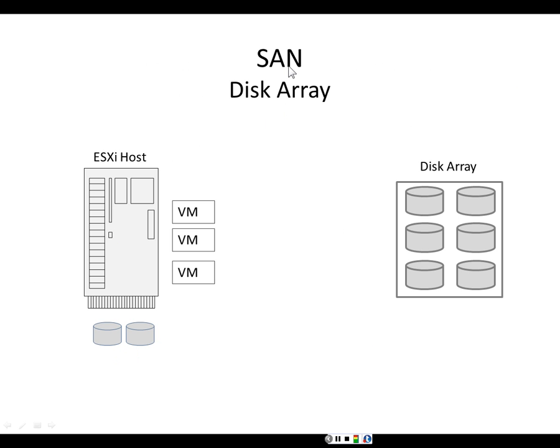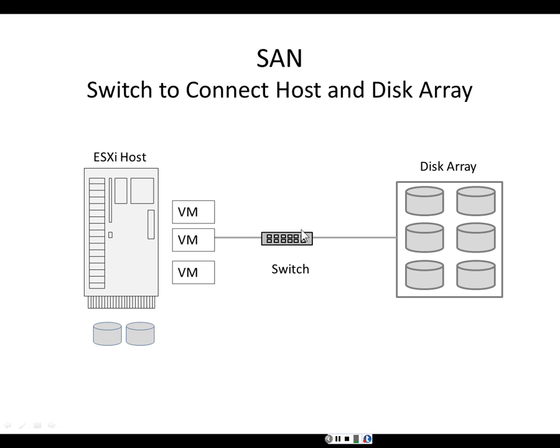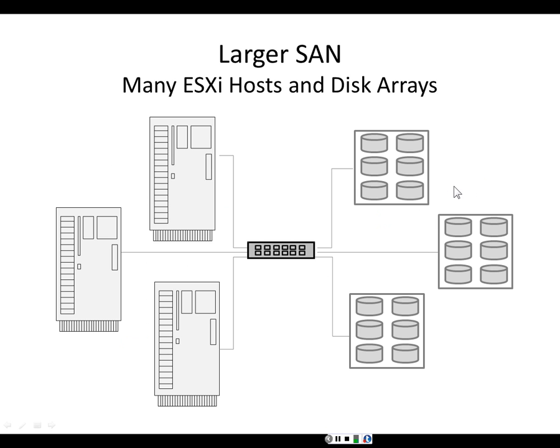But with a storage area network, you have an external disk array, which is sometimes just called a box of disks, and it is connected to the ESXi host using a switch. And then the virtual machines can save data to the disks in the disk array. Now this is a simple example, one ESXi host and one disk array. This is a better example whereby we have multiple ESXi hosts and multiple disk arrays.